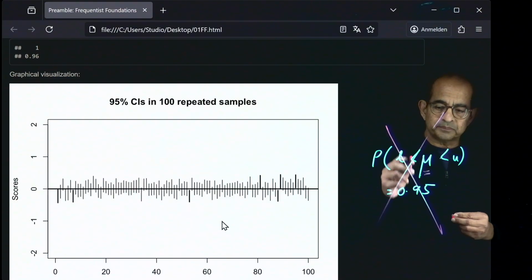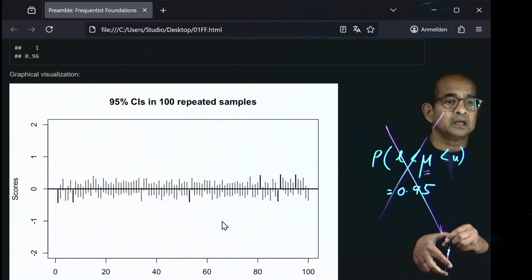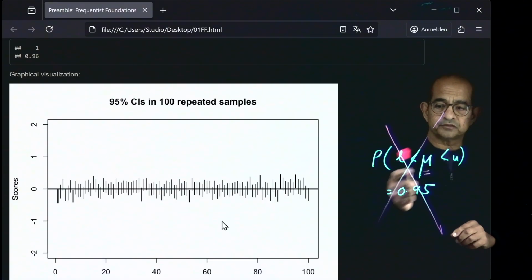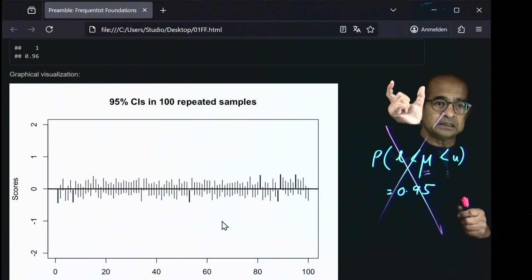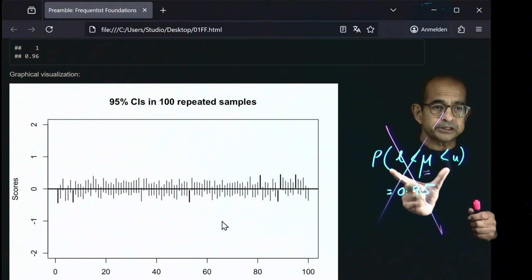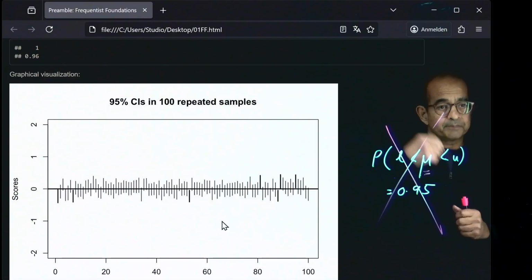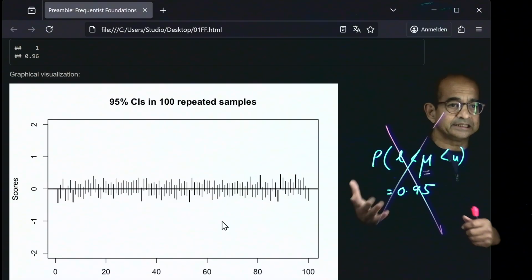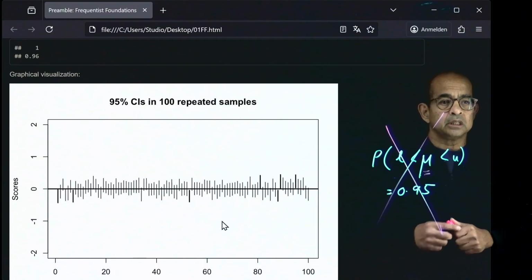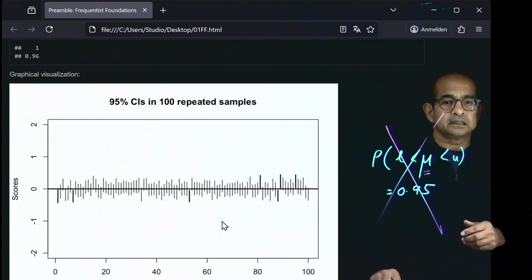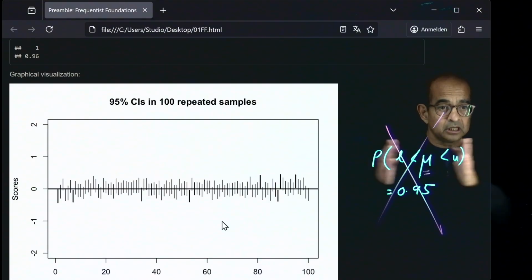Therefore, one cannot make this kind of statement about the property of the 95% confidence interval, one particular interval. You cannot talk about that one particular interval, this lower and upper bound from one single sample, as representing the probability of it containing the true parameter mu.